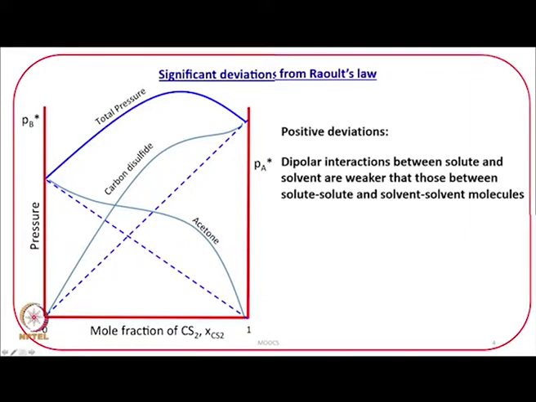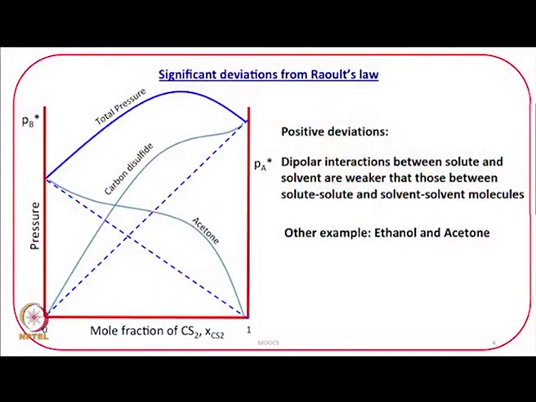If it were ideal, it would have just shown a straight line over here, but we see positive deviations. If there are positive deviations from Raoult's law, then negative deviations are also possible. Let us take a look at a case of negative deviation. But before that, another example which can show positive deviation is ethanol and acetone.